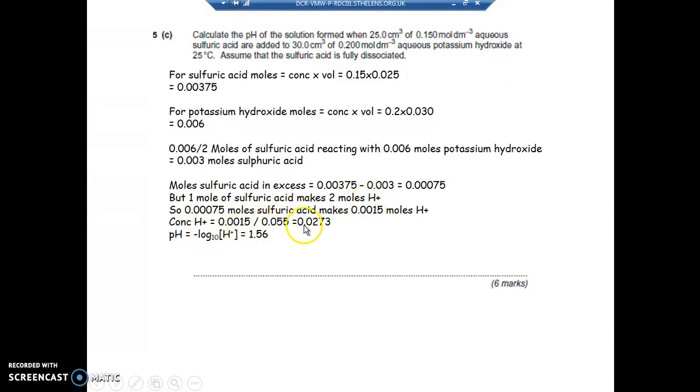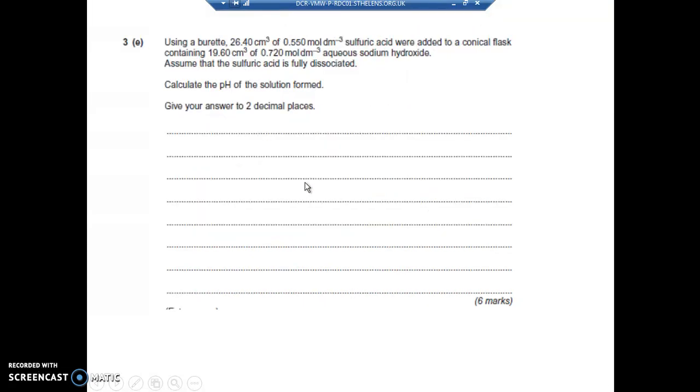Moles divided by volume is 0.0273. Minus log to base 10 gives 1.56. Does that seem like a reasonable pH for sulfuric acid? Yes, it does.